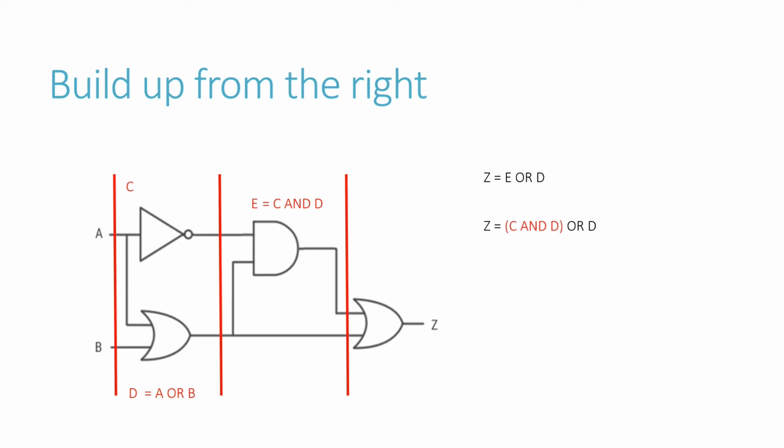And if I don't put it in brackets, it won't work properly. So D occurs twice, and everywhere I see D, I've put A or B in brackets.